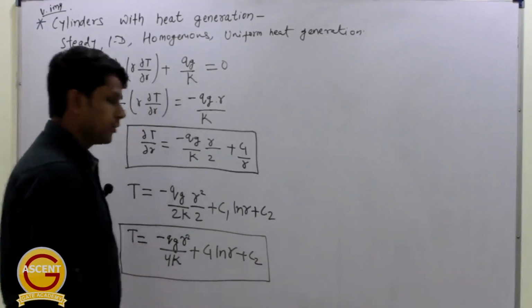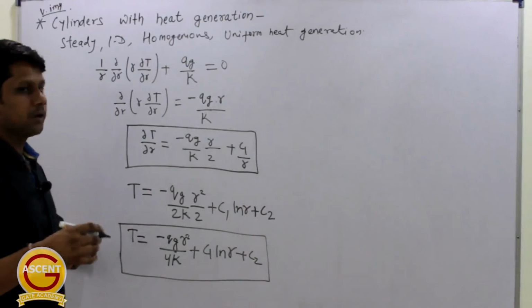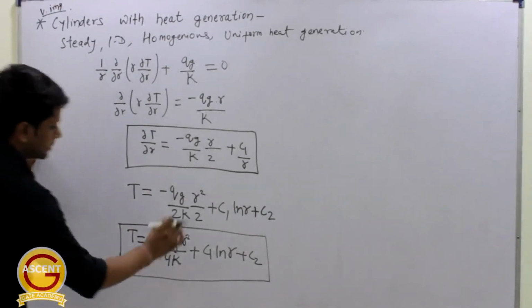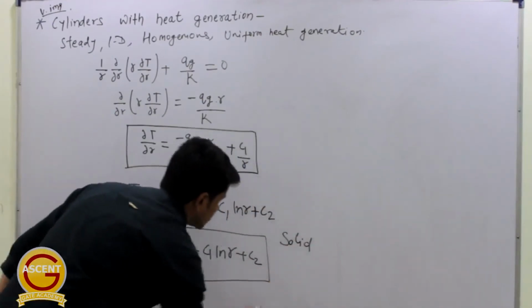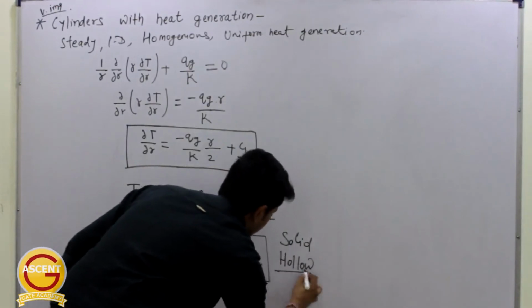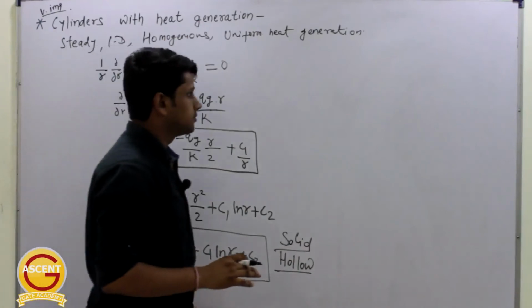So we have got the equation of temperature profile, and this temperature profile is valid for any cylinder. By any cylinder I mean this is valid for solid cylinder as well as the hollow cylinder, okay. For solid and hollow both this equation is valid.